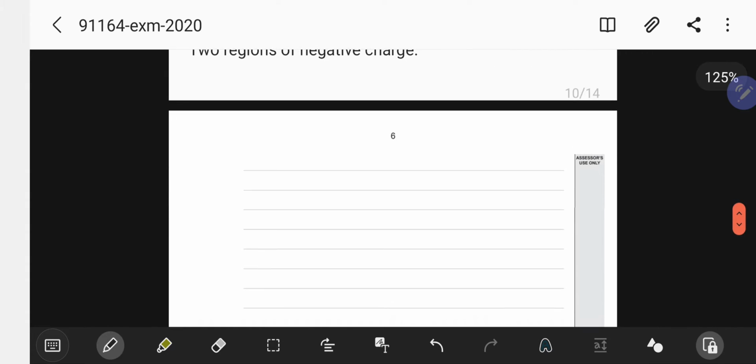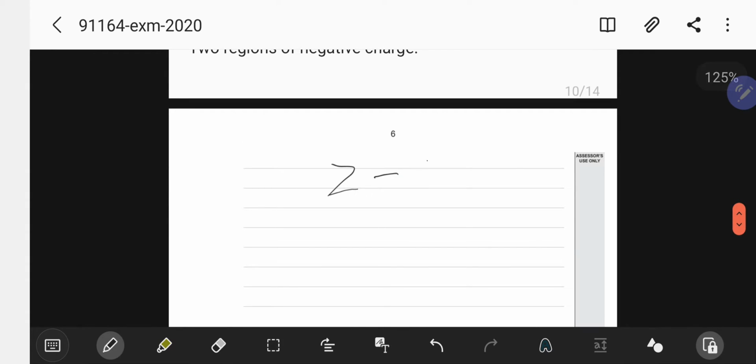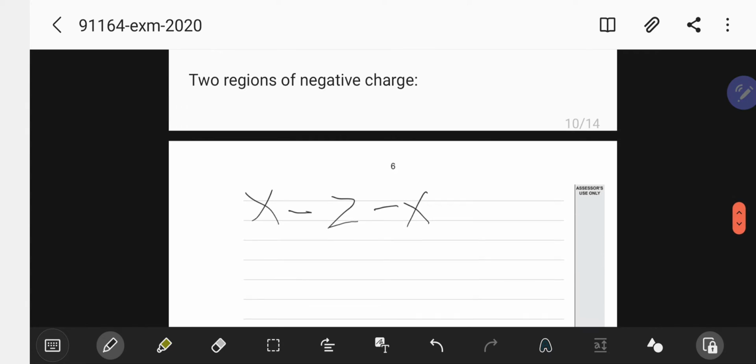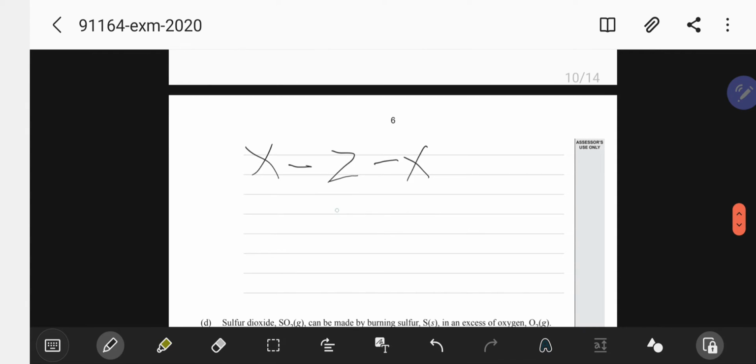So we know it's got to be this. For it to be symmetrical, there can't be lone pairs here. We can't put those there. So it has to be like this, which makes the shape linear. That's the only way to get it non-polar.